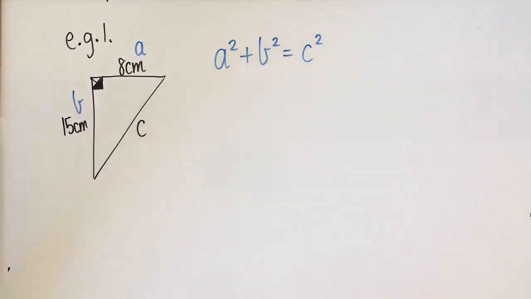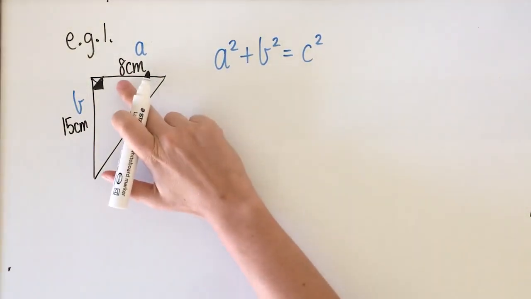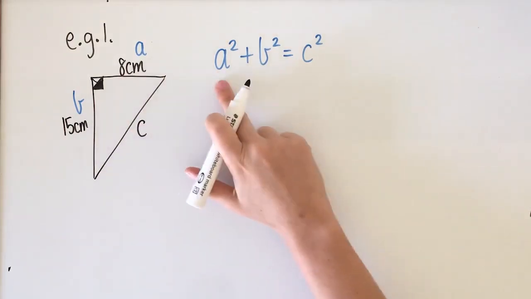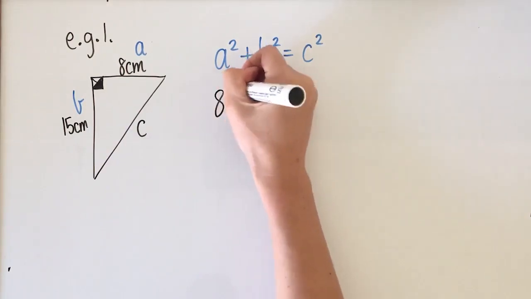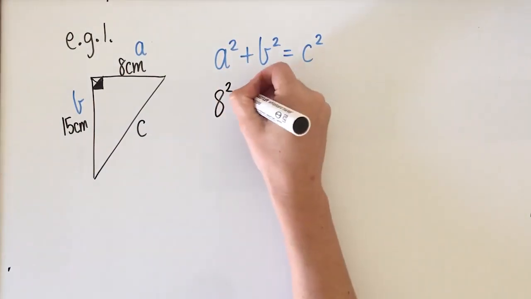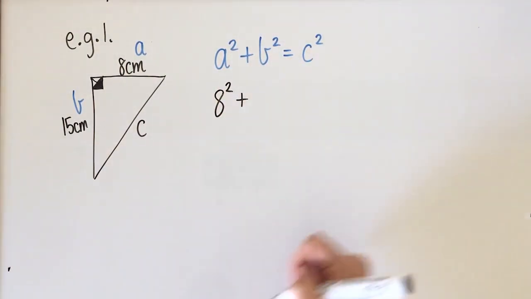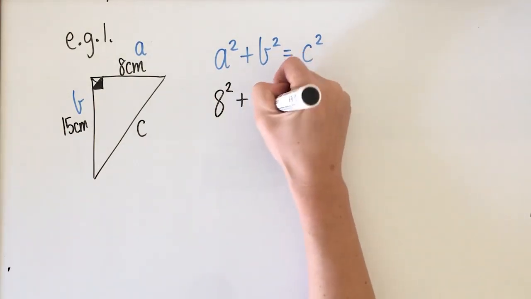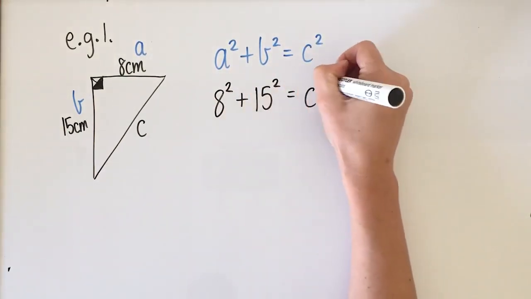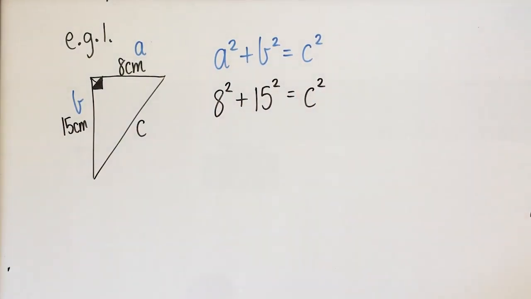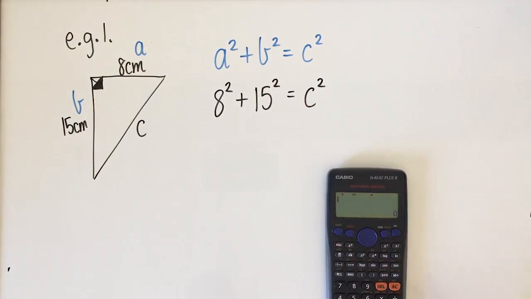After I've labelled my sides, the next thing I need to do is substitute the values into here. So A, we've determined, is going to be 8, so I'm going to make that 8 squared. B is going to be 15, so I'm going to make that 15 squared. And we don't know what C is, so there's no value that we can substitute for C. The next thing we need to do is use our calculator, or if you're really confident you can do it in your head.